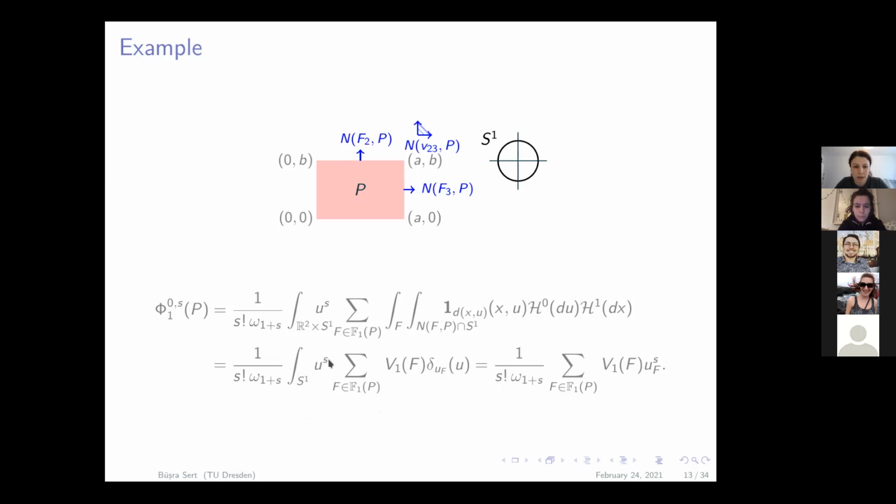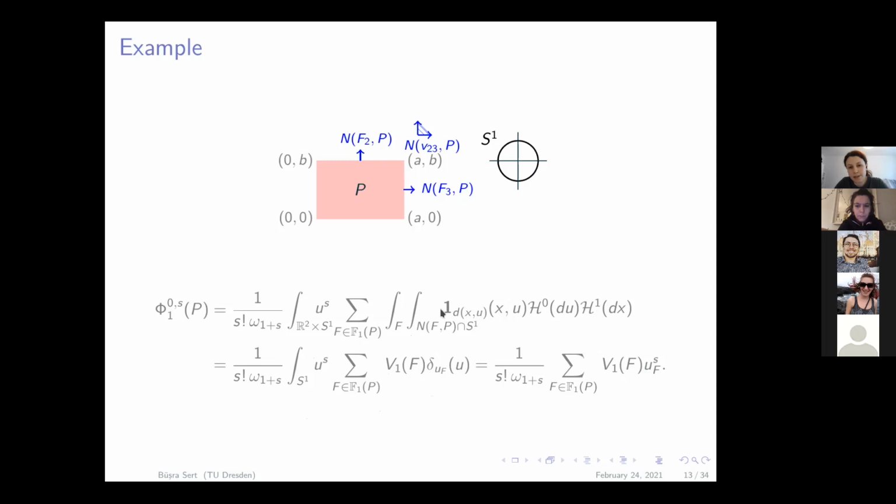and when s ranges, it changes the rank of the tensor we insert here, and the first Hausdorff measure over the facet, since it's one dimension, will give us the volume.